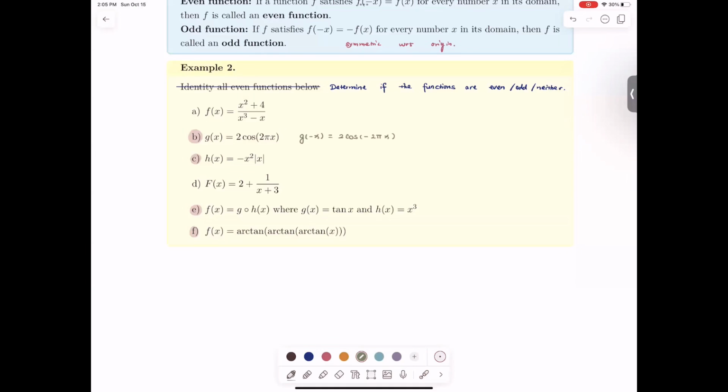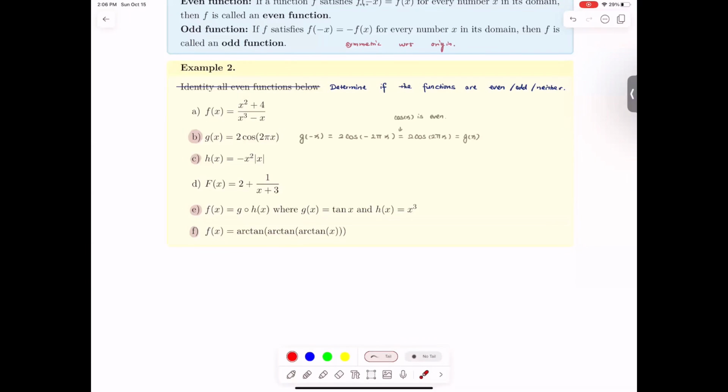That's correct. It's the same as 2 cosine 2 pi x. Why? Because the cosine function itself is even, so the whole thing is even, which is just g of x. To be honest, I wouldn't even compute this one. I can tell directly it's an even function.